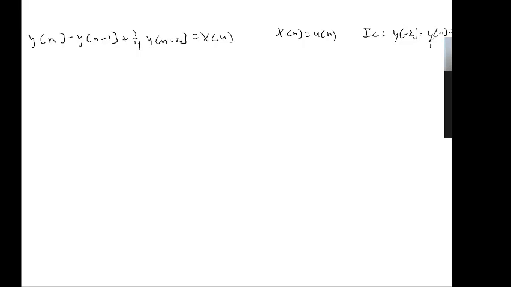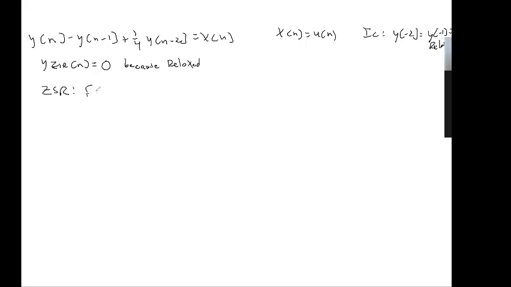They both were 0, so we had a relaxed system. So we don't have to do a zero input response. That equals 0 because it's relaxed. So we go right to the zero state response. In this case, it is already a single input case, so we don't have to do anything fancy on that.